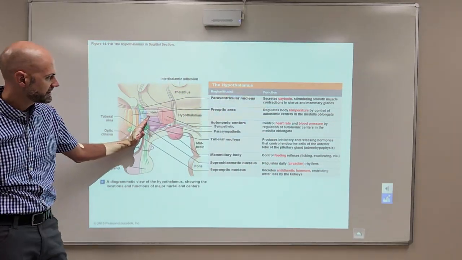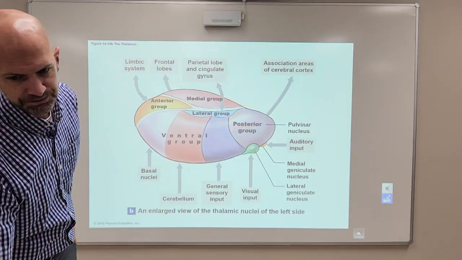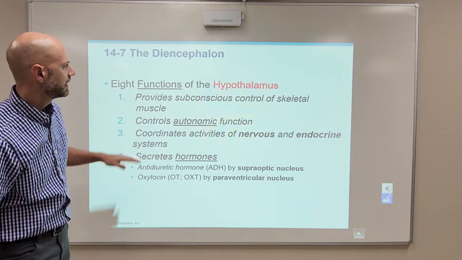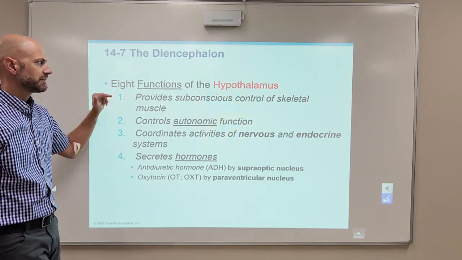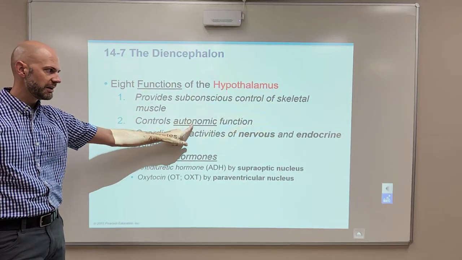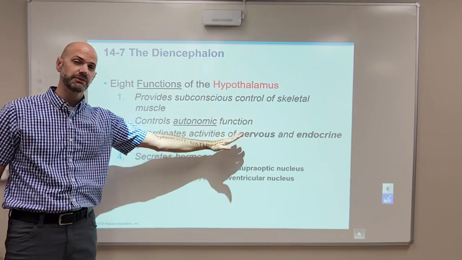This is the hypothalamus. What's the hypothalamus doing? Hypothalamus provides subconscious control to skeletal muscle, controls autonomic functions, and it coordinates the nervous and endocrine system. That's really important.